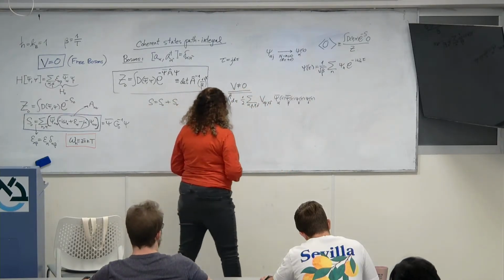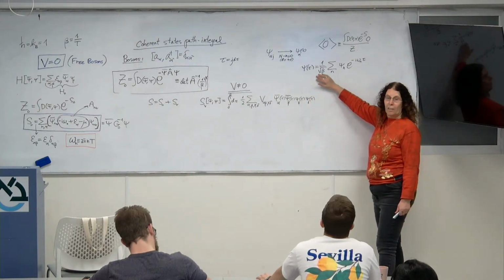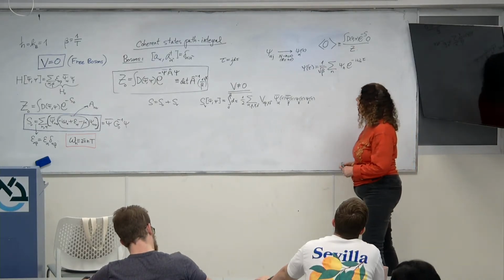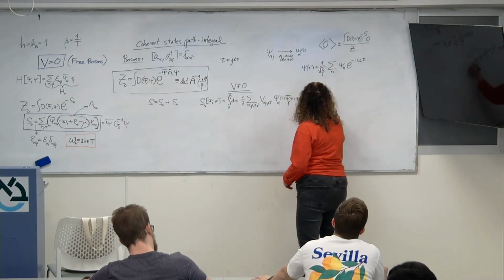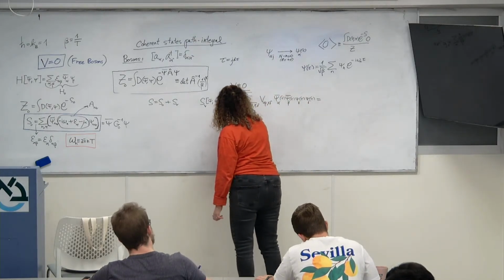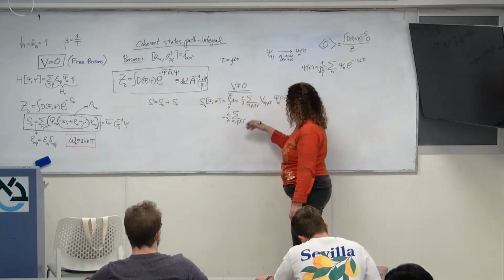But now you say, okay, I will plug in the Fourier expansion. Let's do it carefully. Let's take out the sum over alpha, beta, gamma, delta.